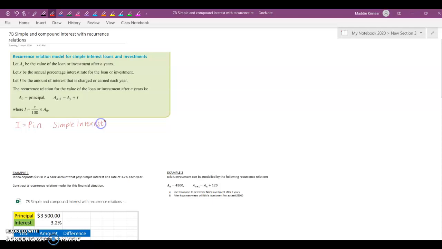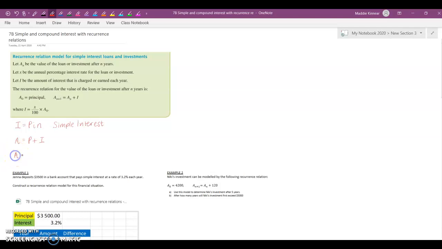We then have a second formula that is for our compound interest, and that one starts with A. And the difference between the A and the I is that A is actually equal to your principal plus your interest earned. So that's the difference there.